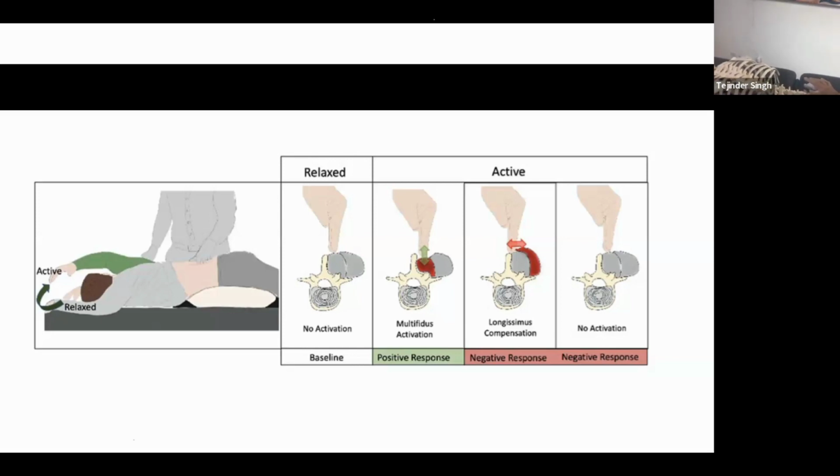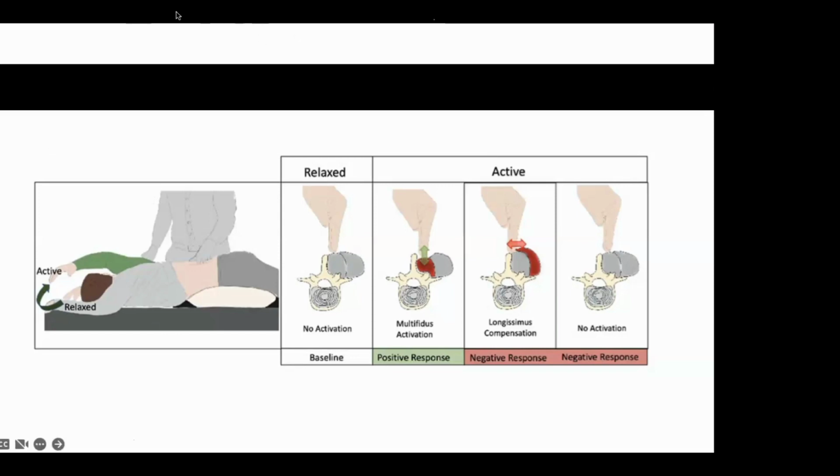And once you do your segmental mobility testing, you know which segment is a pain generator. You should definitely find multifidus atrophy at that specific segment. Okay, I'm going to move this away, and then I'm going to discuss more.